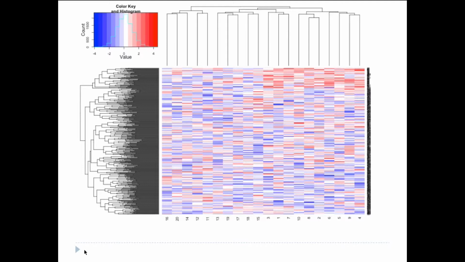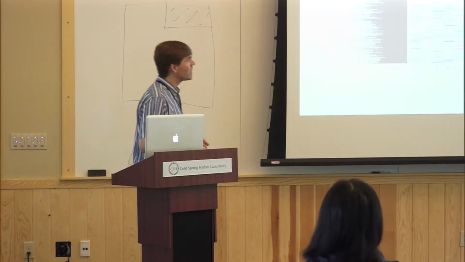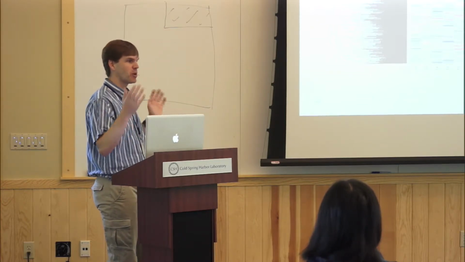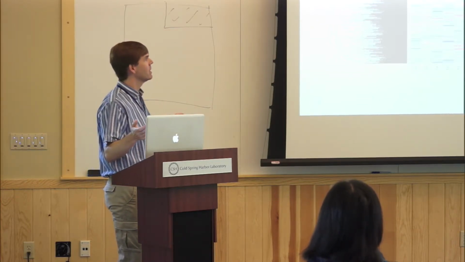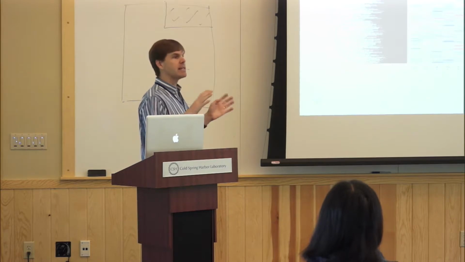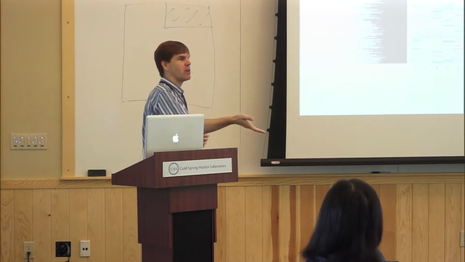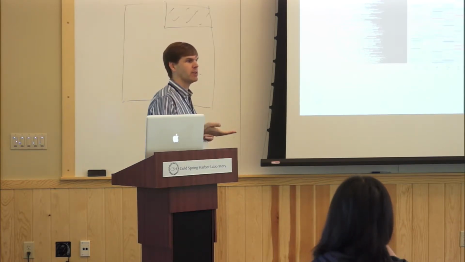Your clustering won't show clusters based on your experiment. Does that mean the experiment failed? No. Does it mean it's potentially harder to find differences? Yes. So hierarchical clustering is an exploratory data technique, but it doesn't answer the question as to whether an experiment worked or failed.